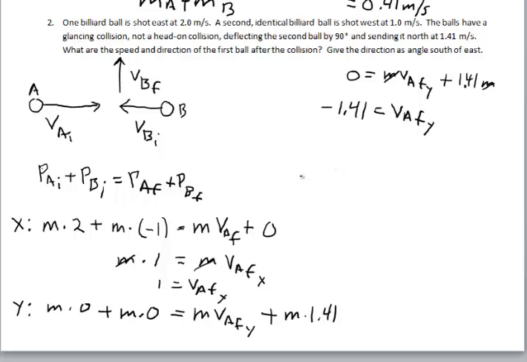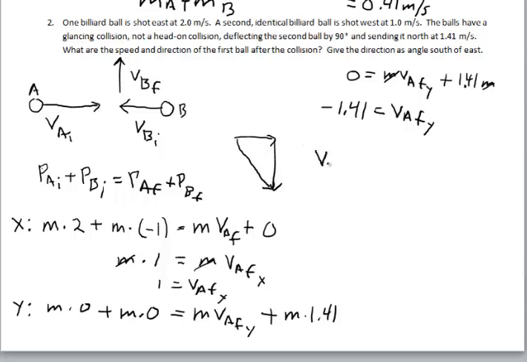So again, you have an x component in this direction, which is the 1. The y component downward is negative, something like that. So the hypotenuse is our net velocity.